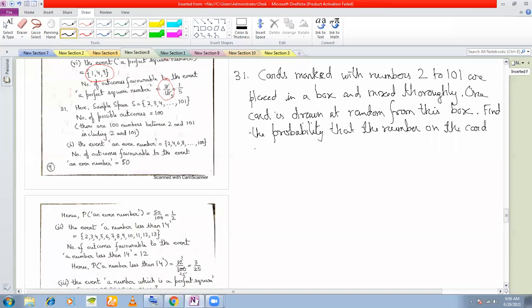First question is: a number that is an even number. Second question is: a number less than 14.